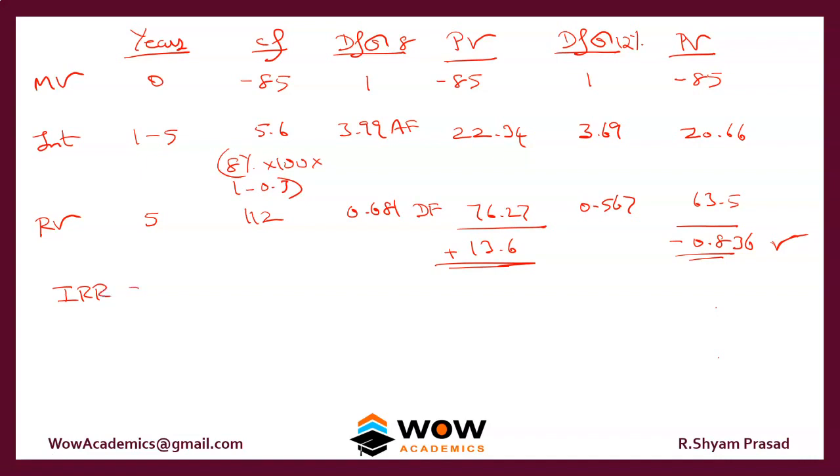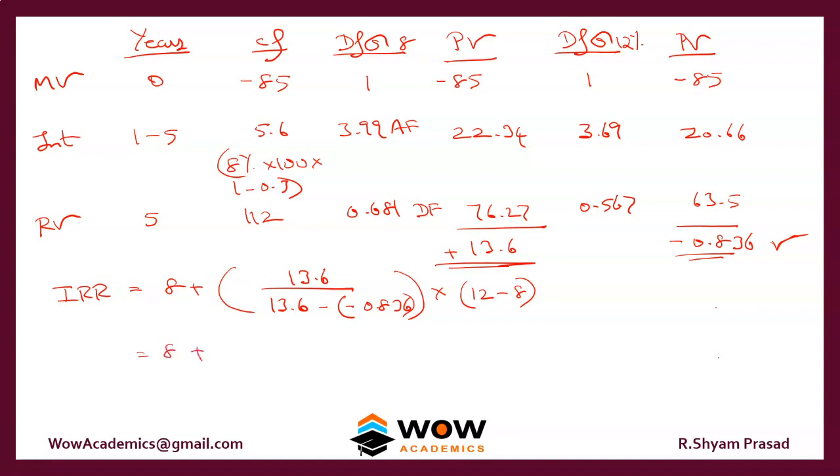So IRR will be the low-end discount factor 8% plus the NPV at the lower discount factor, which is 13.6, divided by the NPV at the lower discount factor, 13.6, minus the negative NPV of minus 0.836, into the difference between the high discount factor and the low discount factor.